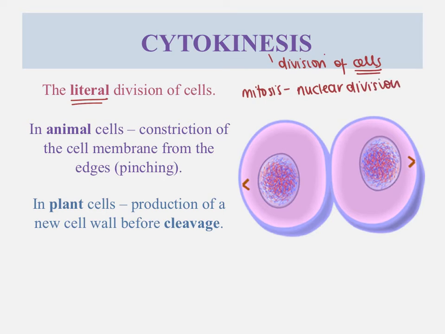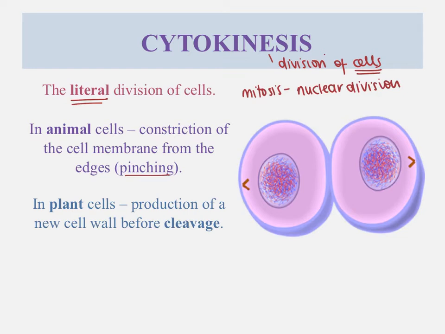Now in animal cells, all that happens is, imagine your teeth when you bite a marshmallow, your teeth are doing a pinching motion on the marshmallow. That's exactly what happens in animal cells. The edge of the membrane pinches in and produces 2 little divided cells.